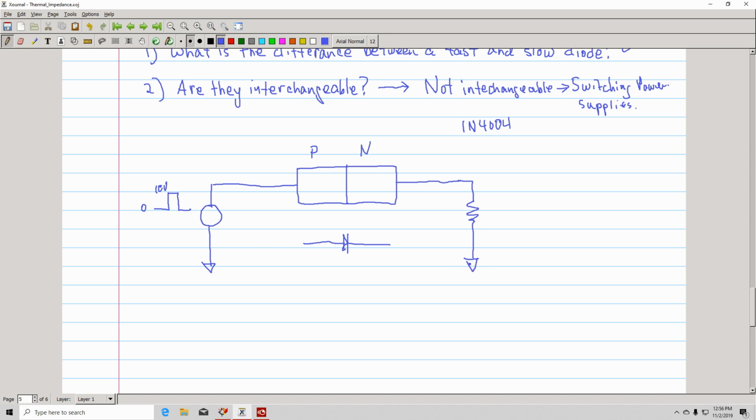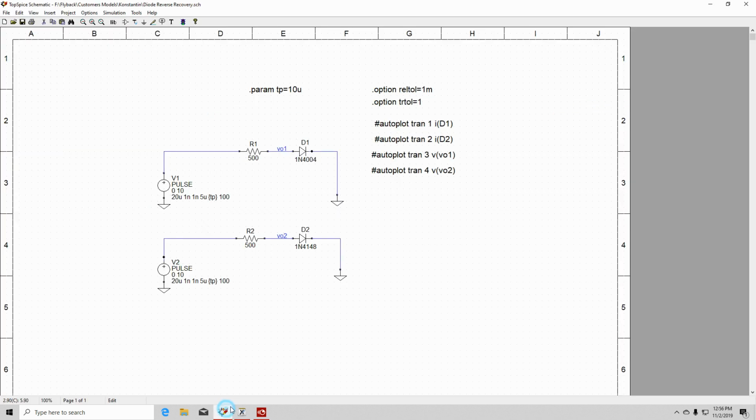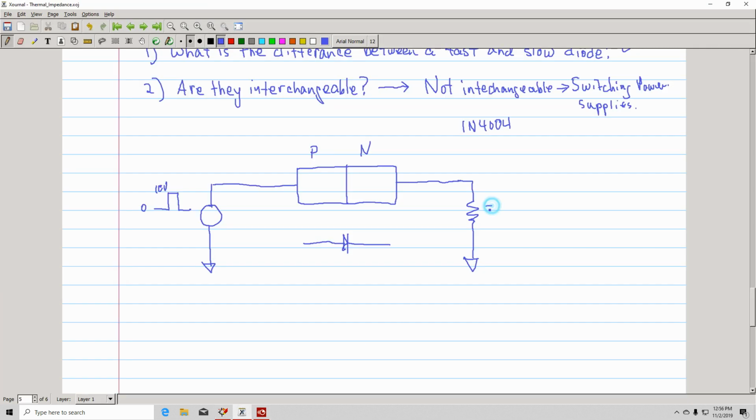The resistor that I'm using is 500 ohms.